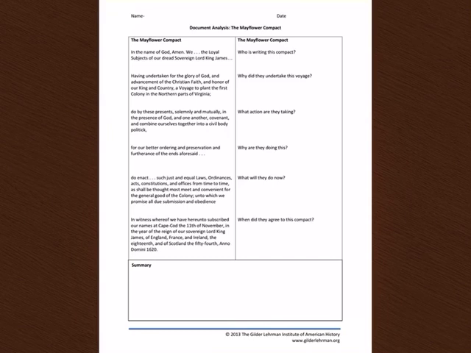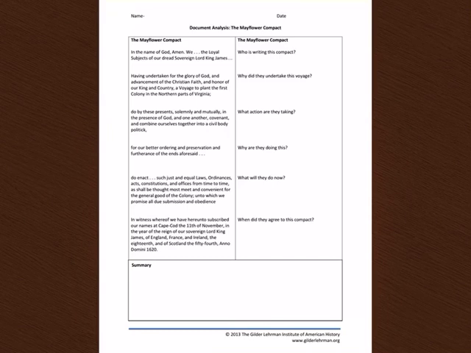Okay, so if we go back to why are they doing this? What is their reasoning behind signing and doing this action that they are taking? So the paragraph that it goes with, it says, for a better ordering. When things are in order, what does that mean? And preservation, what does it mean to preserve?